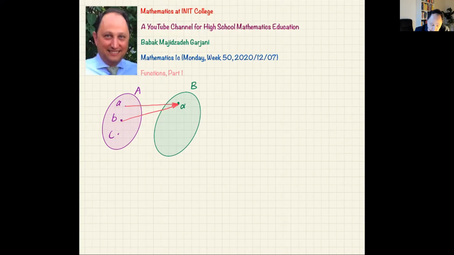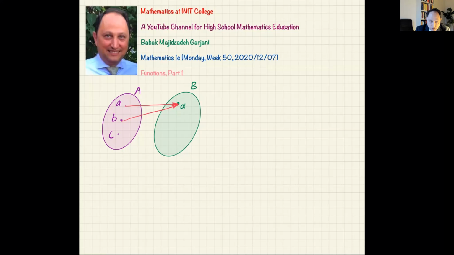So if I stop here, does this represent a function? No. One condition is met, but two conditions should be met. First of all, for each element you see here, an arrow should be coming out of it. The second is that there shouldn't be more than one arrow coming out from each element.